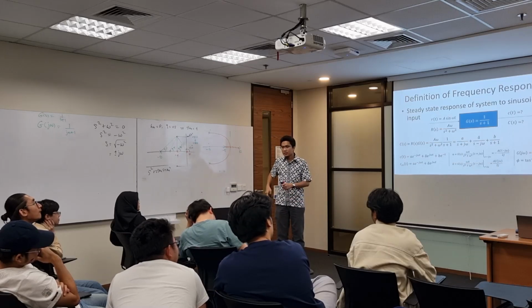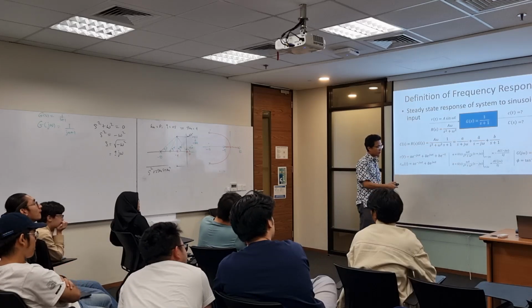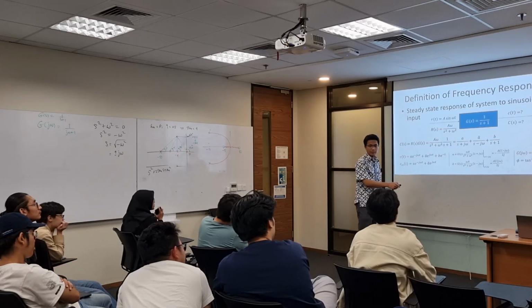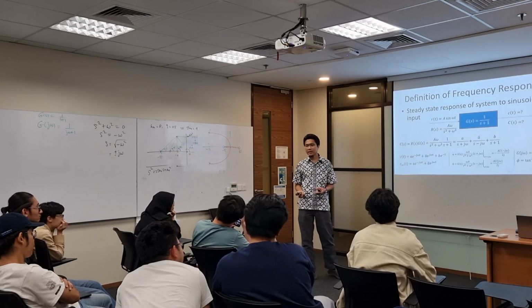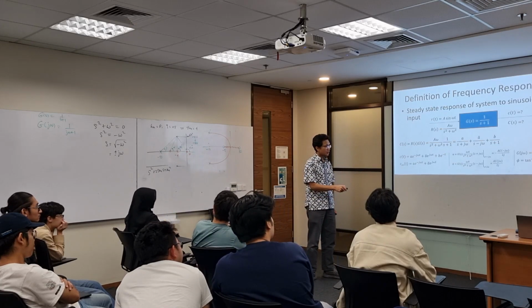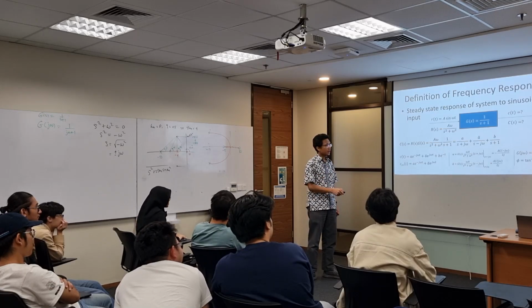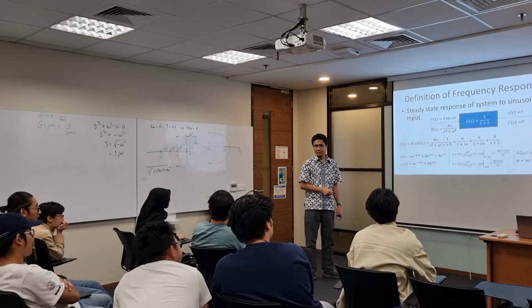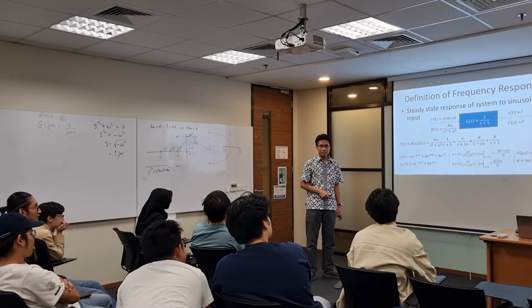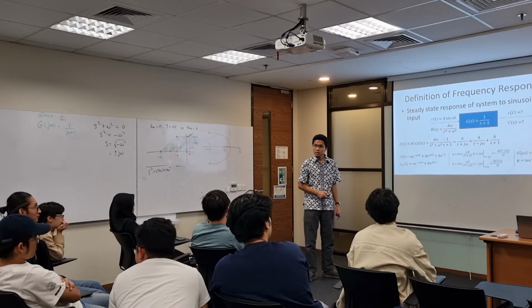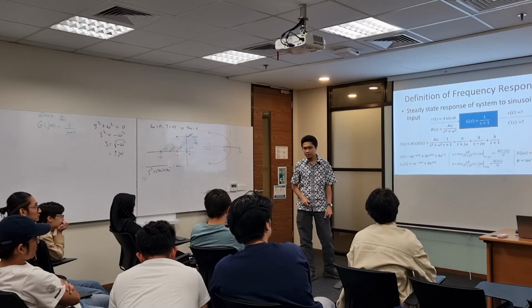Because of that, is G of j omega complex or real? It's complex, right? So when it is complex, we can express it as a magnitude times a unit factor. Magnitude is the absolute value.